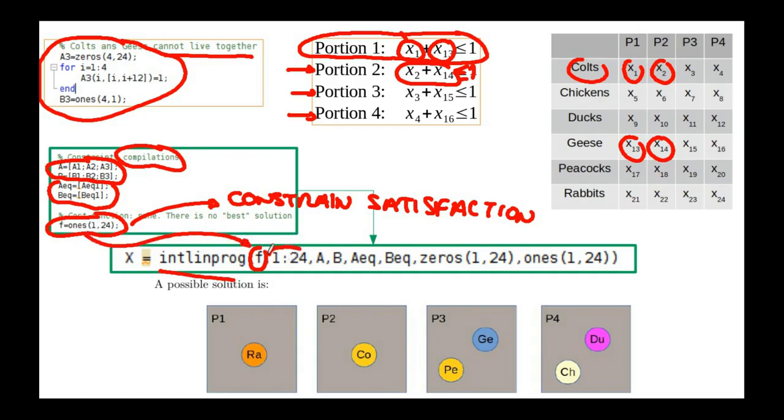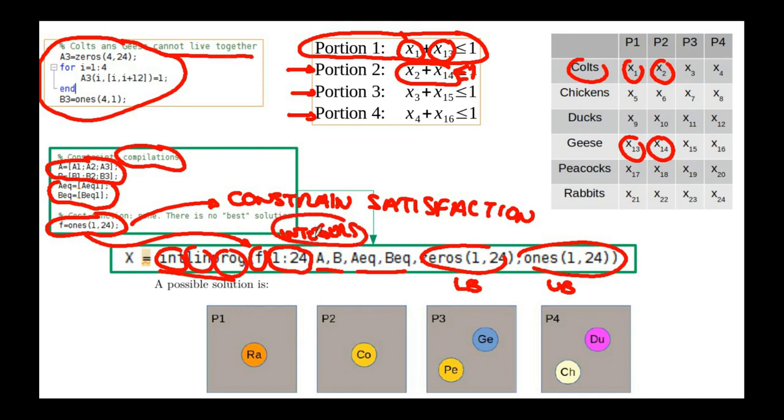Then I tell that all the 24 elements are integers, integer linear programming, all the elements in the optimization array from 1 to 24, then inequality constraints, equality constraints, and this is the lower bound set, and this is the upper bound.